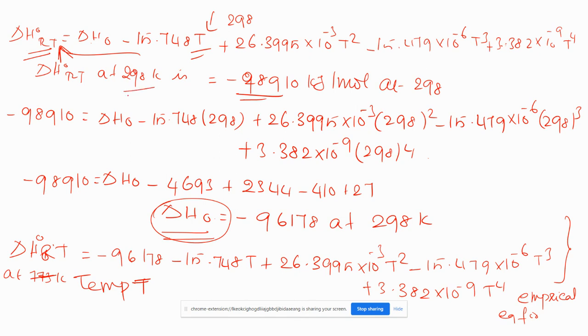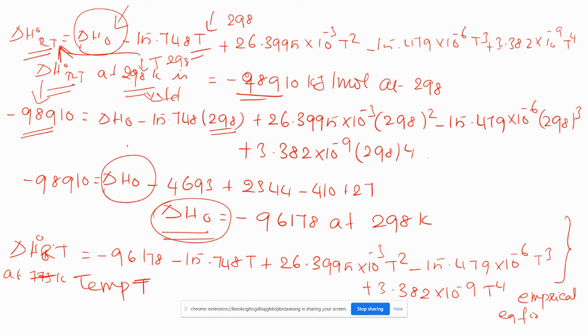Now we have to consider the temperature as 298 Kelvin, and already we will be knowing this del H0 RT at this condition. 298 Kelvin is the standard condition. What we have to find is the del H0 value, by substituting T equal to 298 and the del H0 RT, that is the standard heat of reaction value.